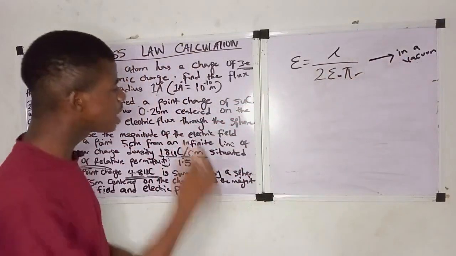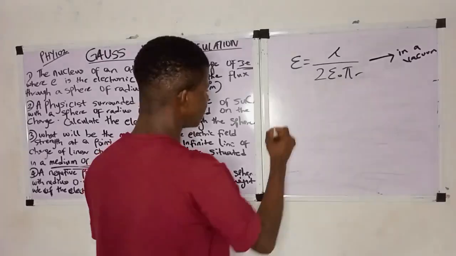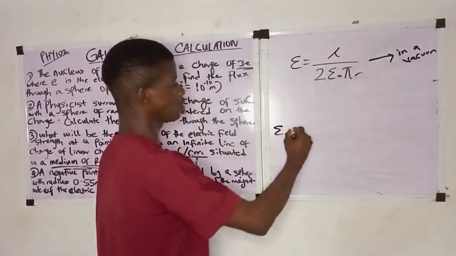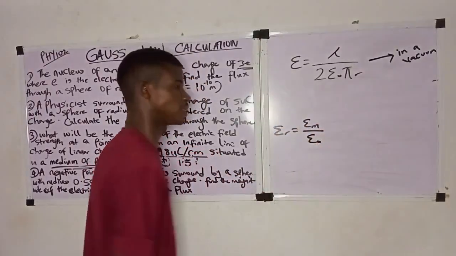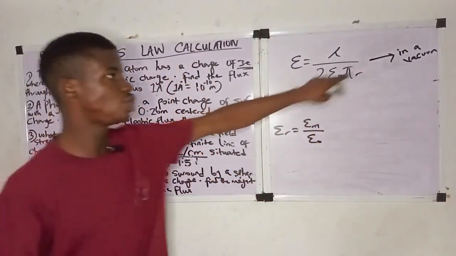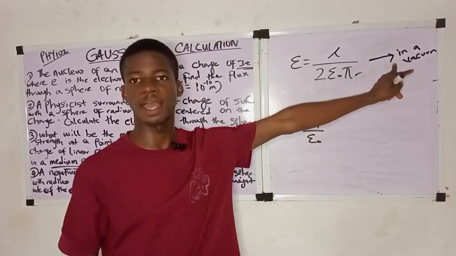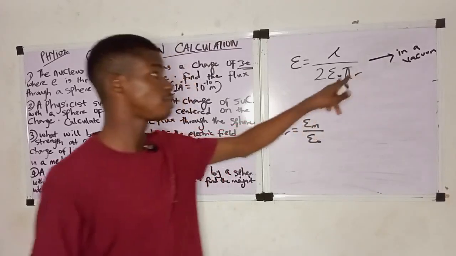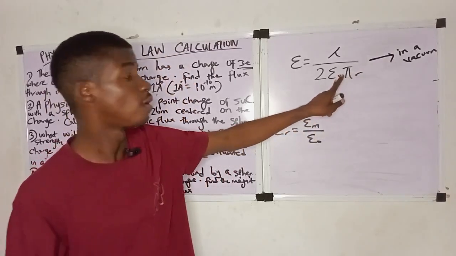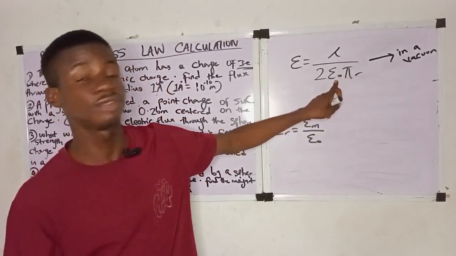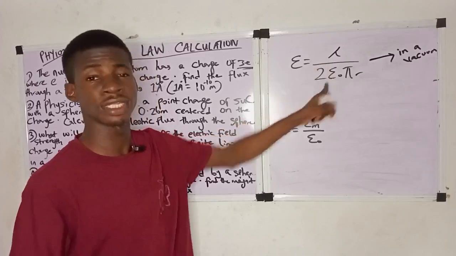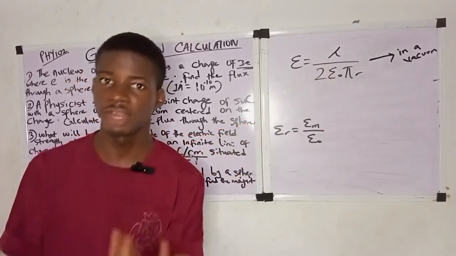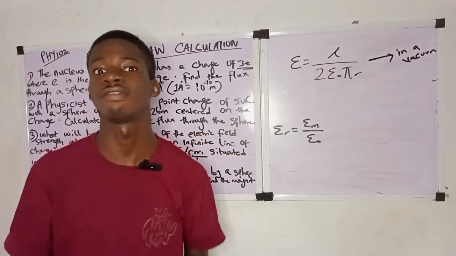Remember in the previous class, I told you that relative permittivity is equal to permittivity of medium over permittivity of free space. The reason this formula is used in vacuum is because of this symbol, known as the permittivity of free space or permittivity of vacuum.